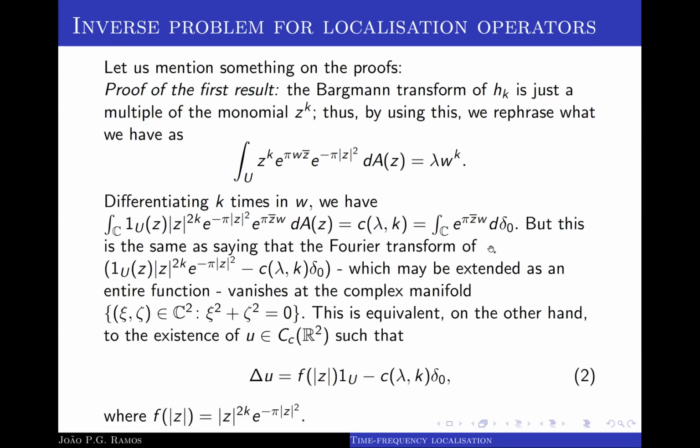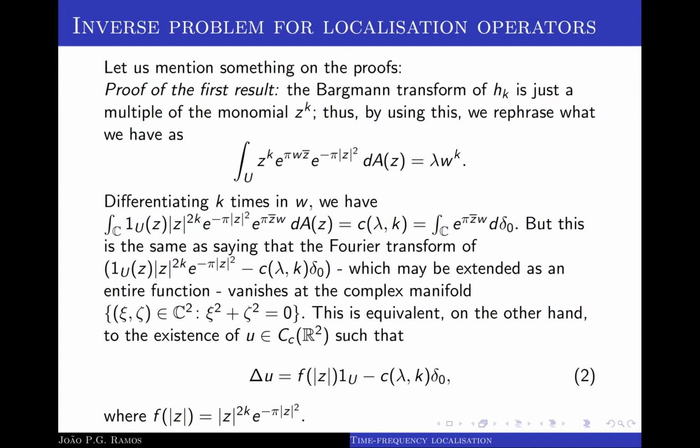So we take a different perspective towards that. It's the same as looking at the indicator of U times modulus of z to the 2k times this Gaussian, and subtracting a certain constant times the delta. If I take its Fourier transform, this is a compactly supported function, therefore the Fourier transform extends to C2 by the Paley-Wiener theorem. So what this equation is telling us is that the Fourier transform of that vanishes on that complex manifold where xi squared plus eta squared is 0.